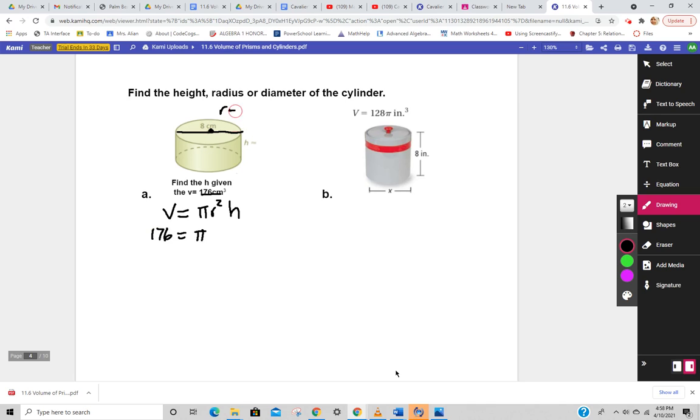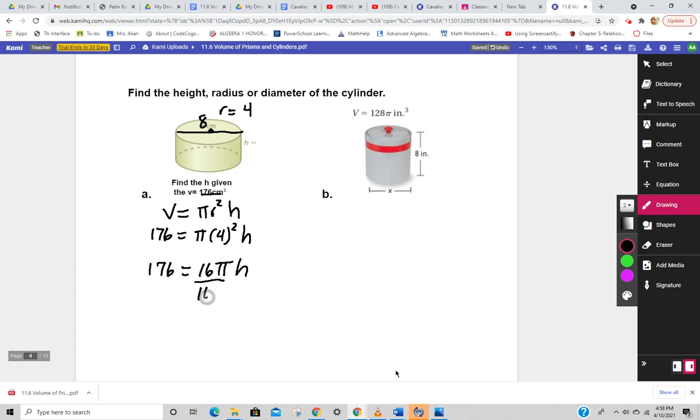I need the radius. It's half of the diameter, so this has to be 4 if the diameter is 8. So we'll have 4 squared times the height. We don't have the height, so we'll just keep that as h. So 176, 4 squared, that's 16, so I'll have 16 pi h.